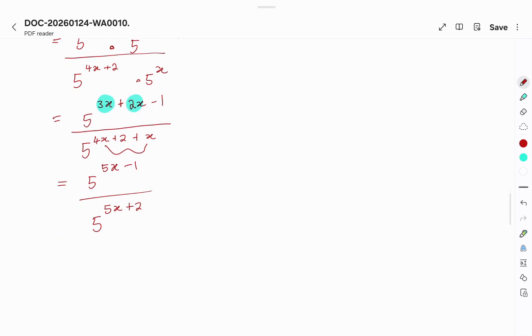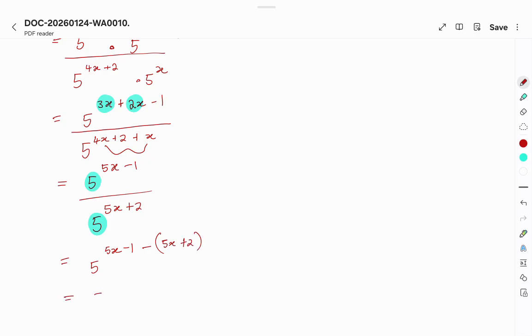Okay, then from there you have the same base 5 and the 5. You just take one base, then what do you do to the exponent? To say 5x minus 1, put the negative there, then put the bracket. You have 5x plus the 2 of x.